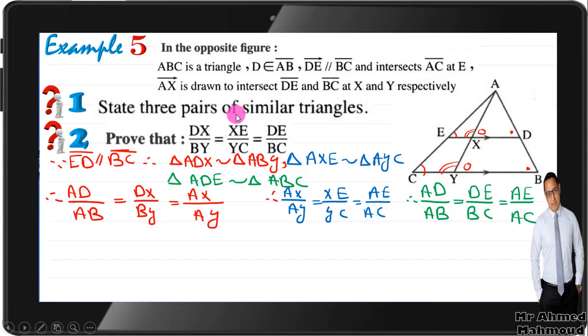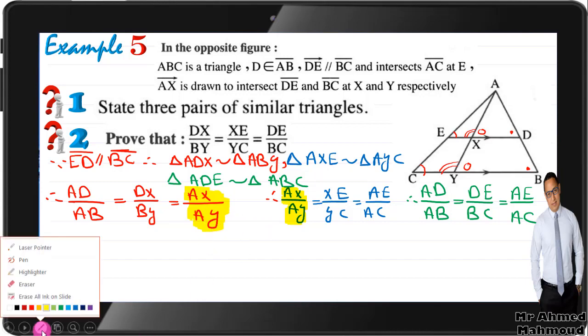Okay, by looking carefully at the first and second groups, here AX over AY, and also here AX over AY.